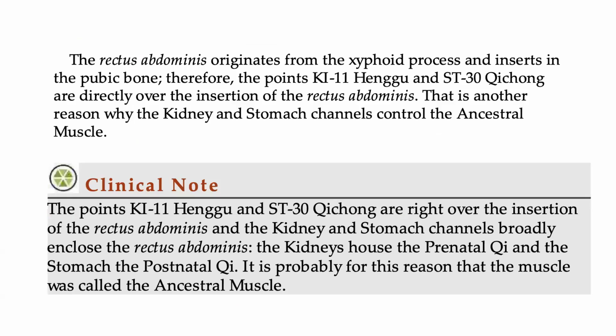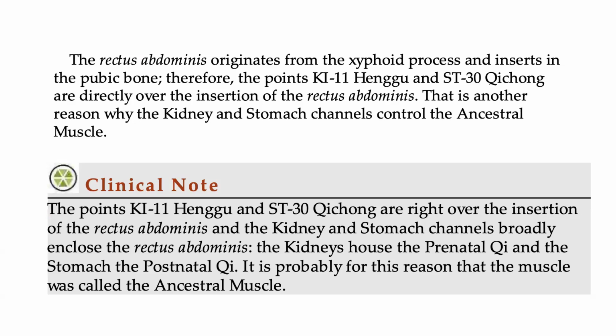The rectus abdominis originates from the xiphoid process and inserts in the pubic bone. Therefore, the points Kidney 11, Henggu, and Stomach 30, Qichong, are directly over the insertion of the rectus abdominis. That is another reason why the kidney and stomach channels control the ancestral muscle.